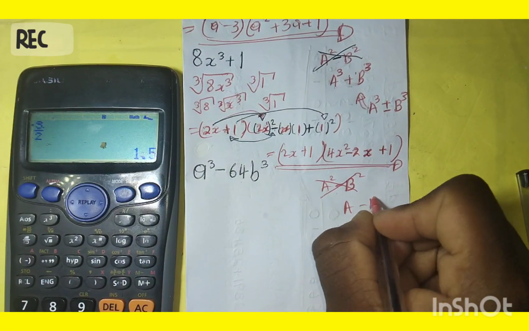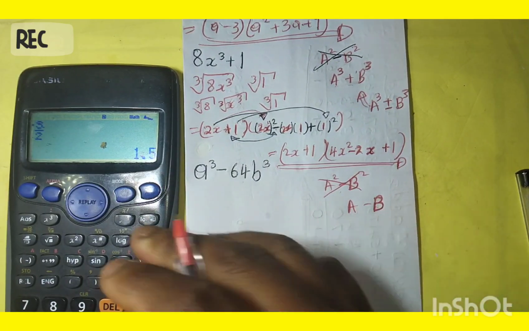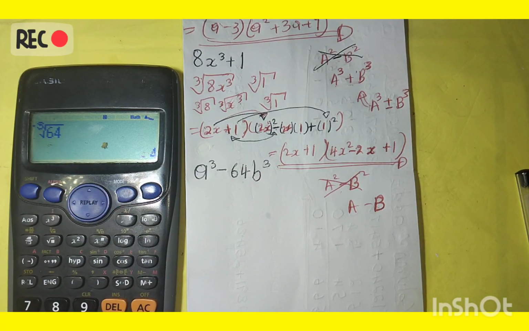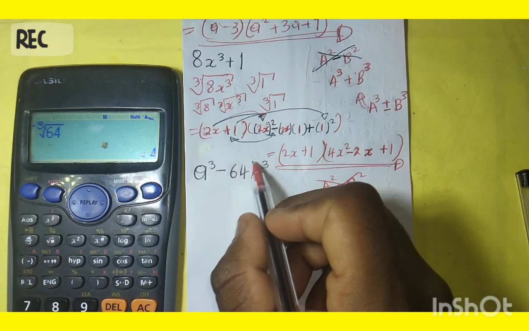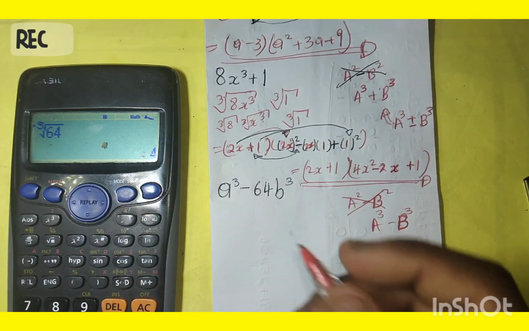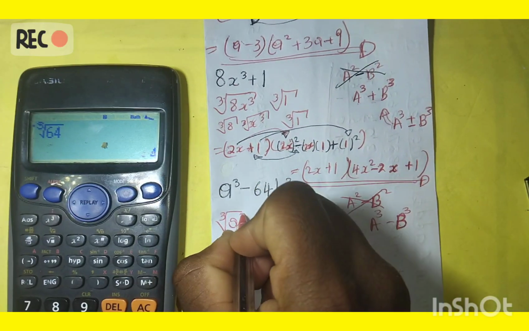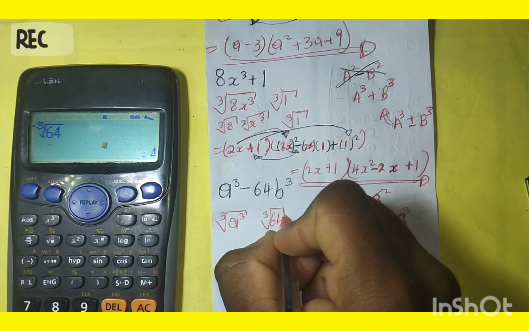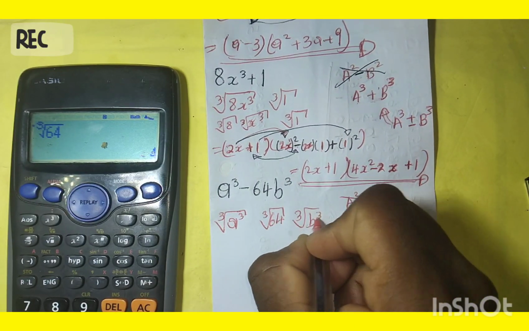But we can try the difference or sum of cubes there, check something. There we can take the cube root of 64, it's 4. But at the same time, there we can divide this thing by 3, meaning that the difference or sum of cubes, we can apply them. This is how you apply the difference or sum of cubes there. Say this, which is here, it's a cubed minus 64 and cube of b there.